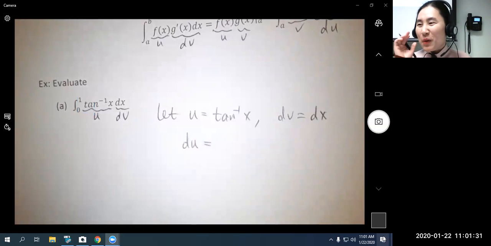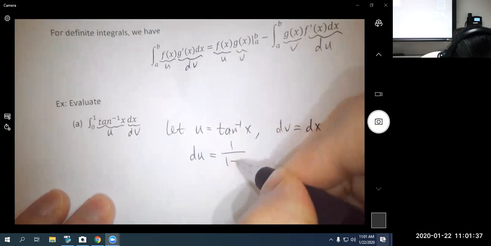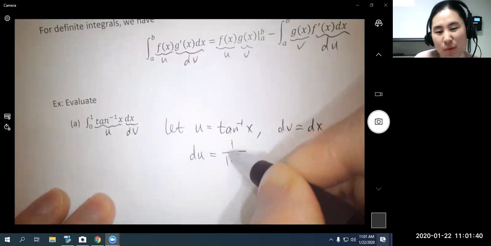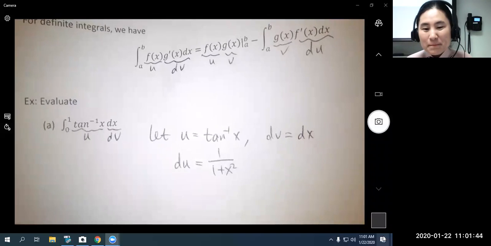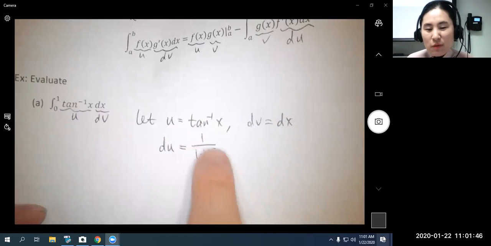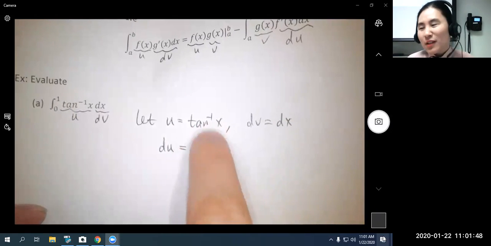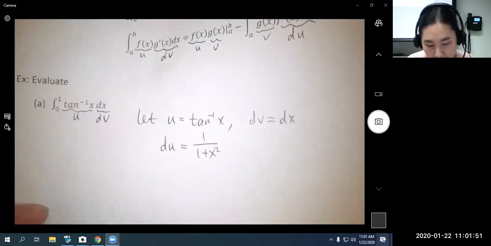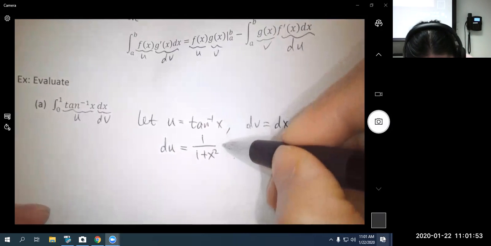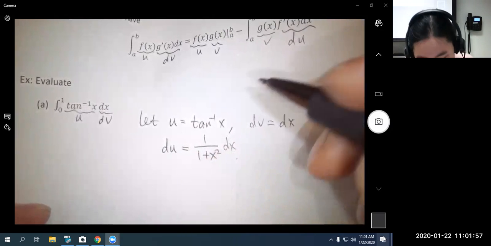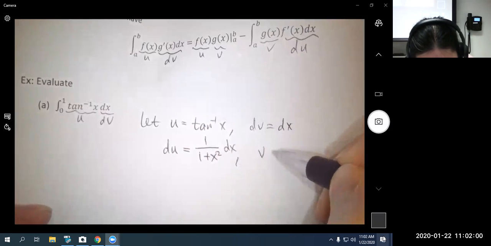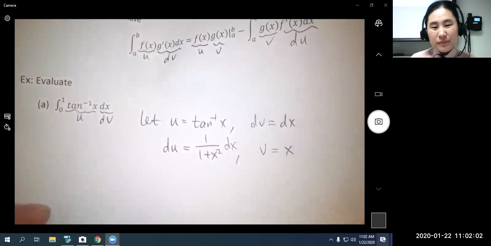Close: 1 over 1 plus x squared, or 1 over x squared plus 1, either way. The antiderivative of 1 over 1 plus x squared is inverse tangent of x. So du is that times dx, and then v, the antiderivative, is just x.